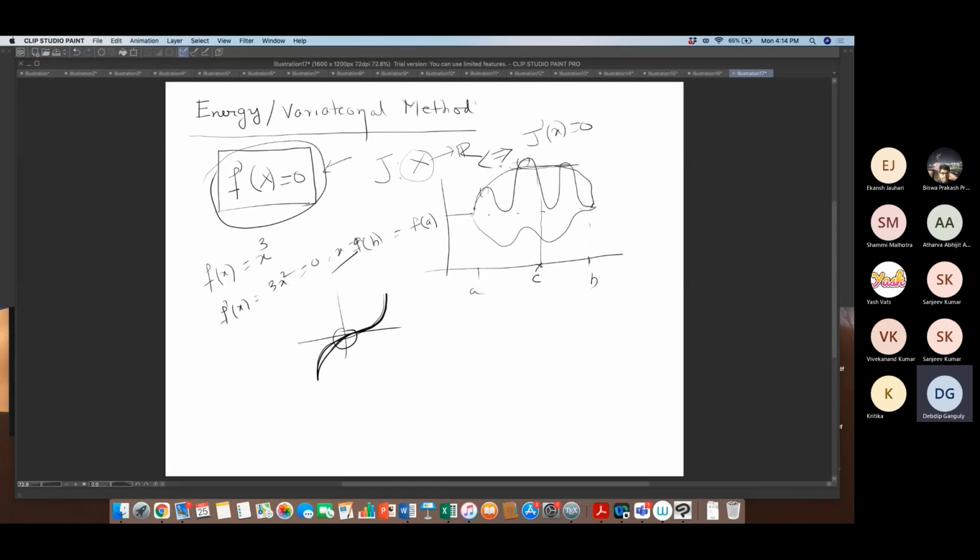This means that to solve some PDE, it is enough to construct the critical points, the points where f prime of x equal to 0. We call them the critical points of the functional. The definition: for f in C2, the critical points are all those points for which f prime of x equals 0.